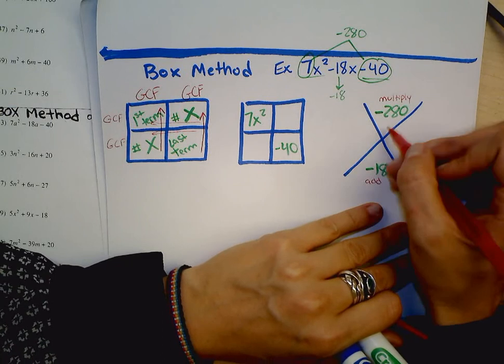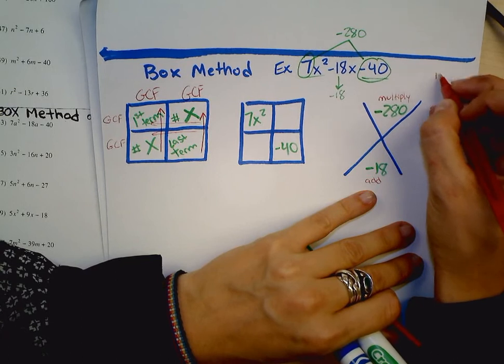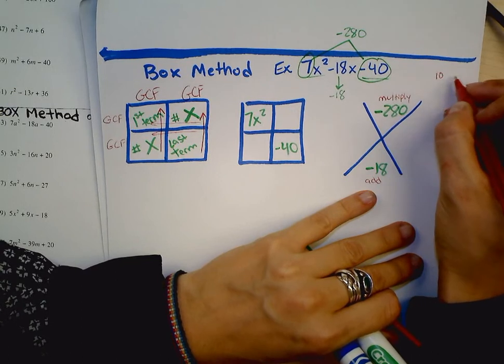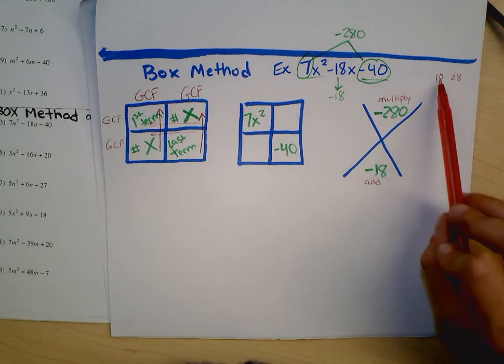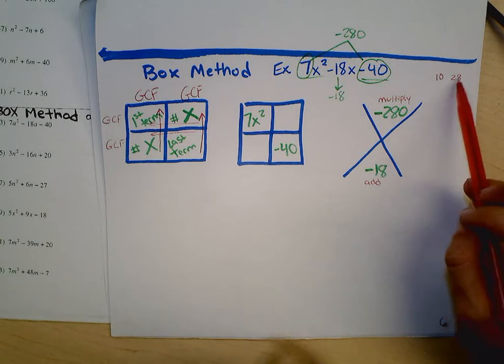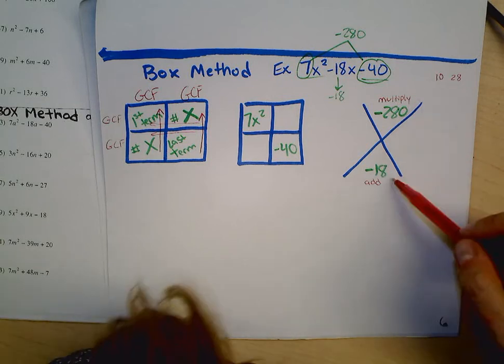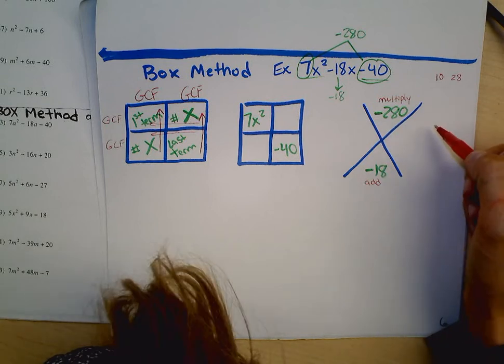I know it's going to be divisible by 10, so I have 10 and 28. Well, actually, right there, I know the difference between 10 and 28 is 18. So I'm going to think that this is probably one of my factor pairs. So I have to figure out where to put the negative. Let's say I put the negative on the 10.